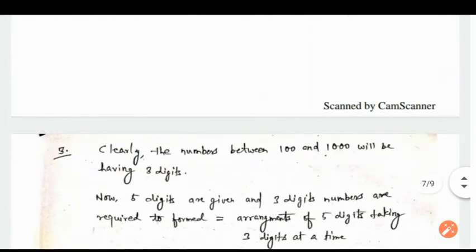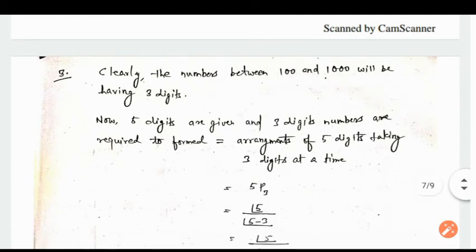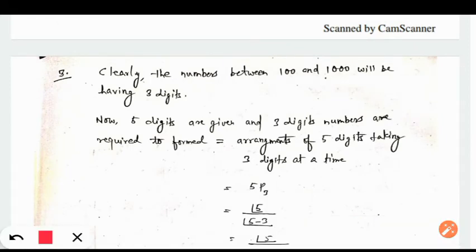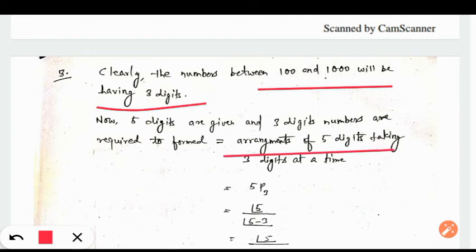Here we have, clearly the number between 100 and 1000 will be having 3 digits, right? Now 5 digits are given, 1, 2, 3, 4, 5, and 3 digit numbers are required to be formed, and this is the same as arrangement of 5 digits taking 3 digits at a time.